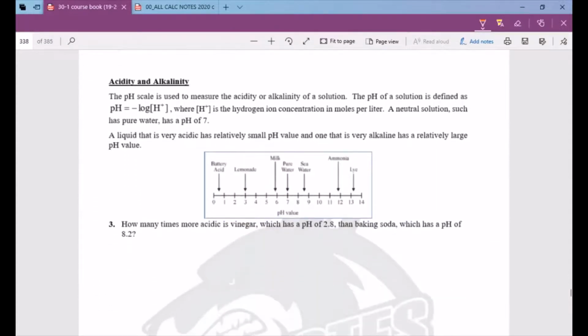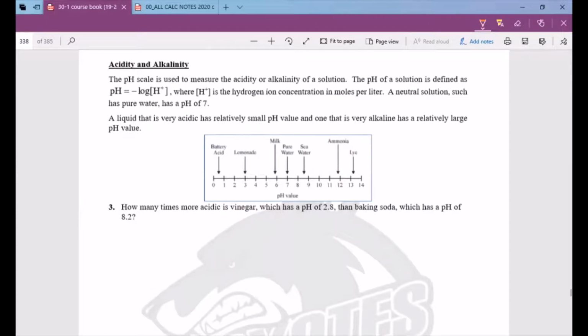All right, next page. The next one we're going to look at is the pH scale. Your familiarity with this might depend on if you took chemistry or if you just saw this in science. But regardless, we kind of need to account for this.